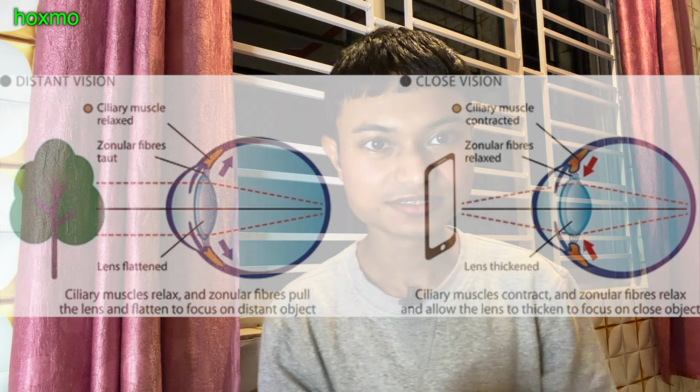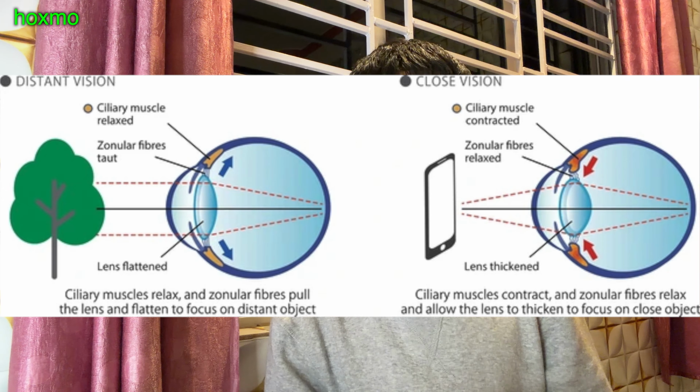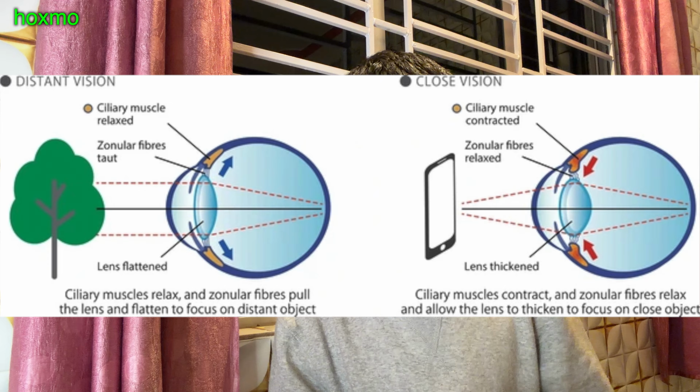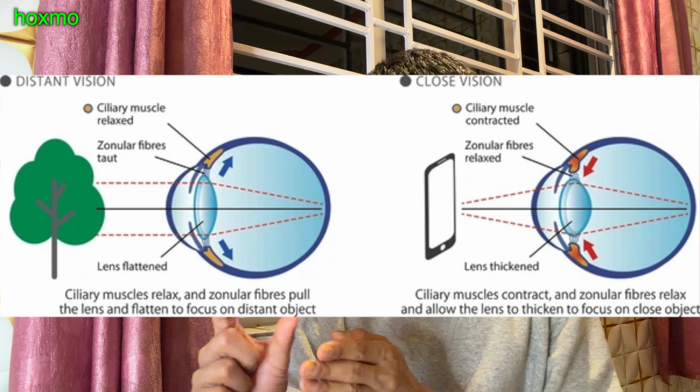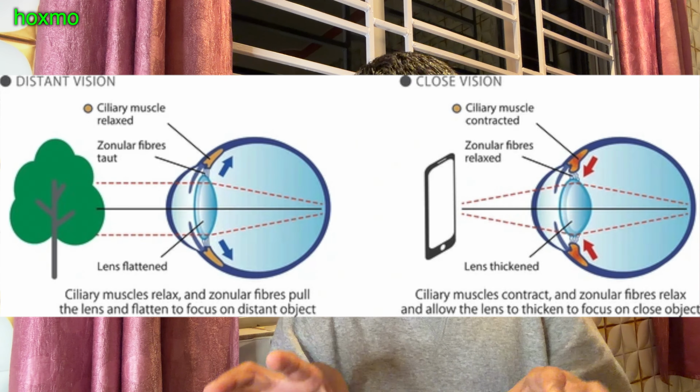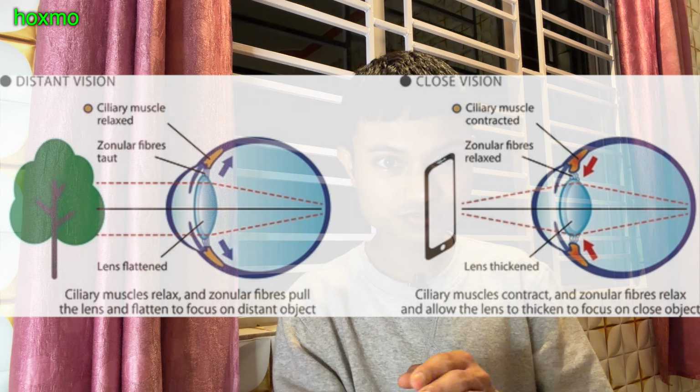If you see some nearby things like your smartphone, then there is contraction of the ciliary muscle. Then your lens becomes more convex, your convexity increases. In this way, there is accommodation. So in this way, you can focus on your nearby object. But if you see any far object, then your ciliary muscle relaxes and your lens becomes flattened. So in this way, you can focus on your far object.